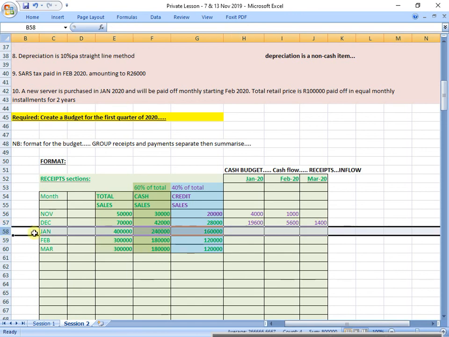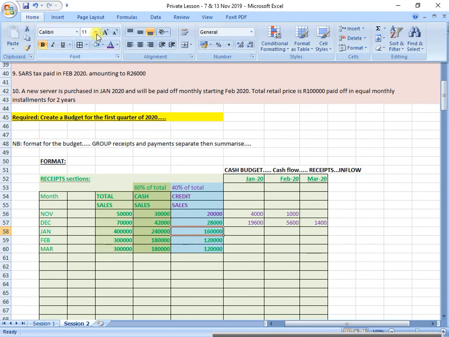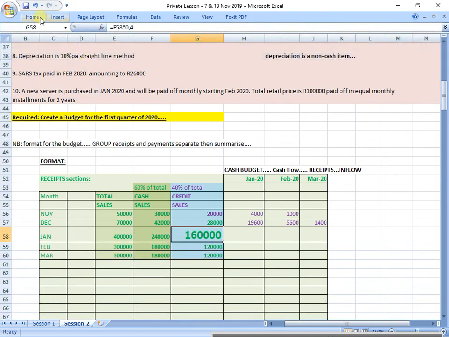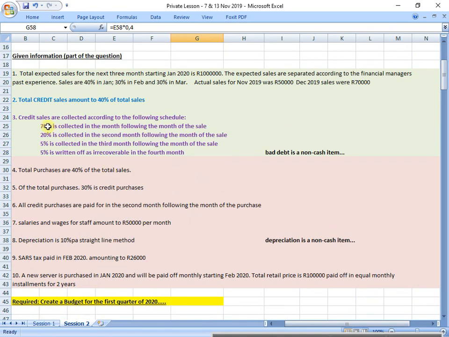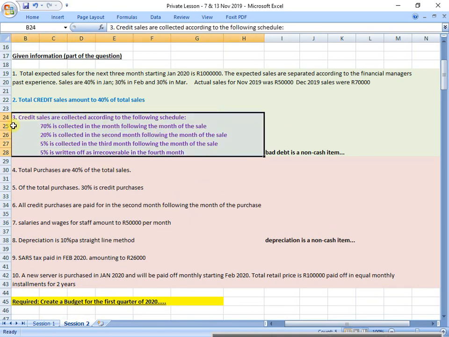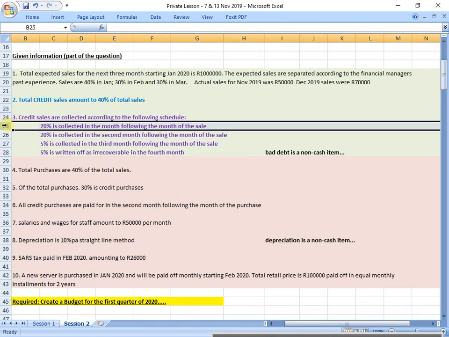Next line. Now I'm looking at line number 3 here. I'm looking at January. January is the month of the sale, right? Let's go back. Read this again. Line number 1. 70% is collected in the month following the month of the sale. The month of the sale is which month? January.